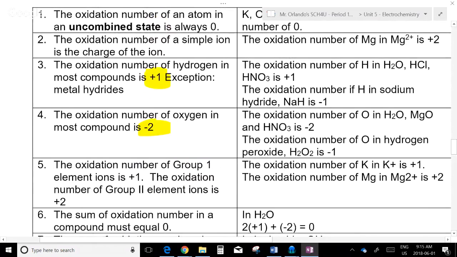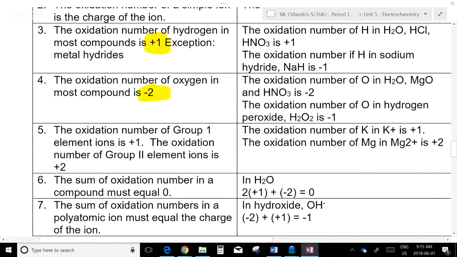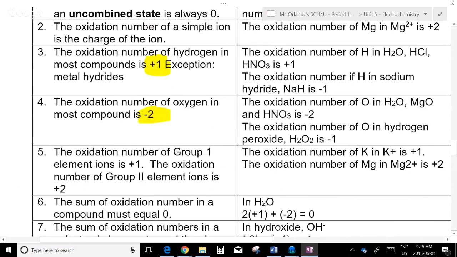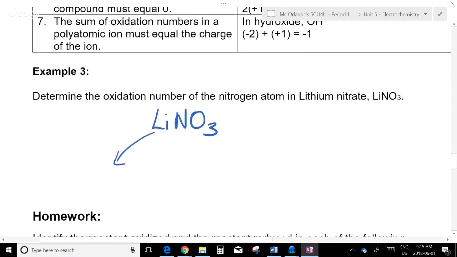The next rule is that with very few exceptions, hydrogen will have a charge of +1. Do we have any hydrogen? No. Okay. Next rule. Oxygen will have an oxidation number of -2. So oxygen is going to have -2.